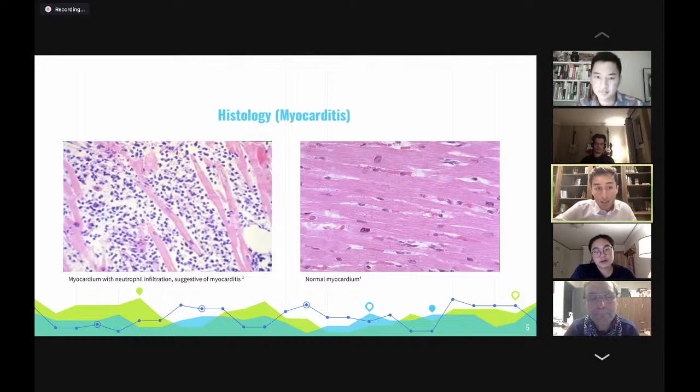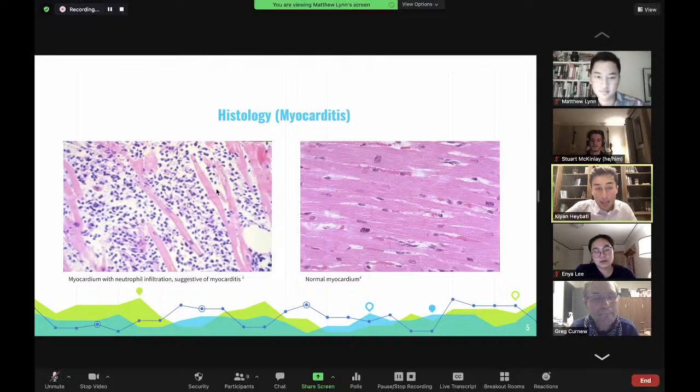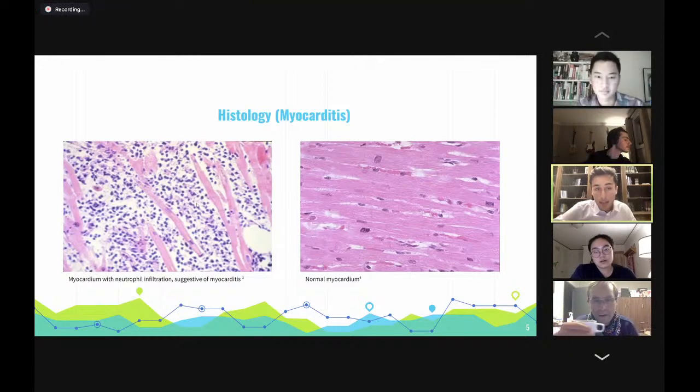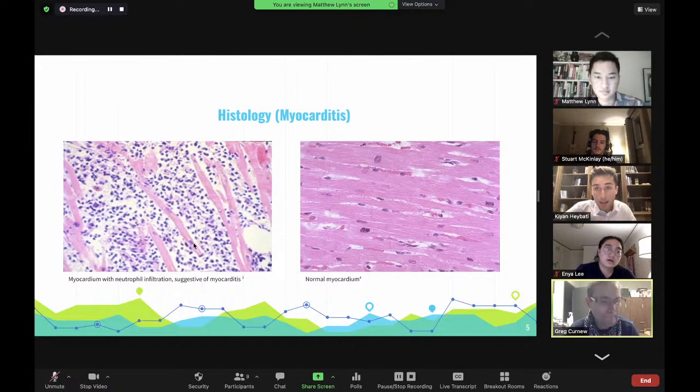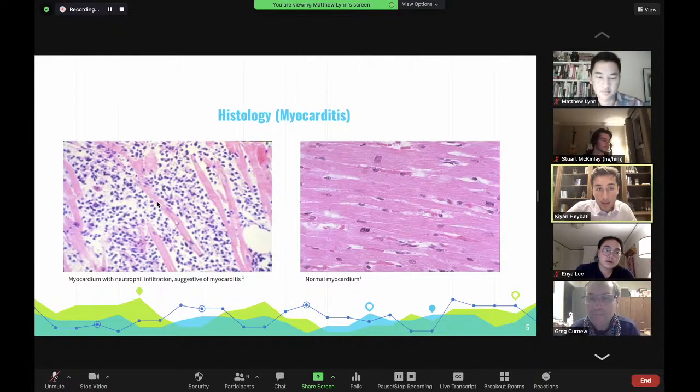Now, on the left side, we can see a classical presentation of myocarditis. In this case, it's a fairly severe case. You don't see as much well-defined cardiac tissue. Instead, you see these little cellular things that look very purplish.